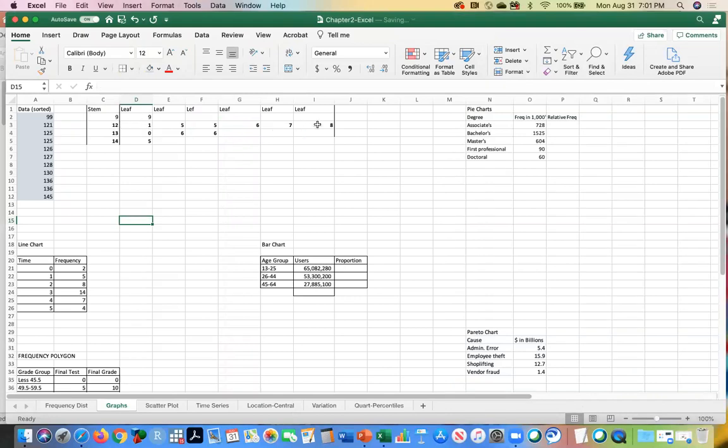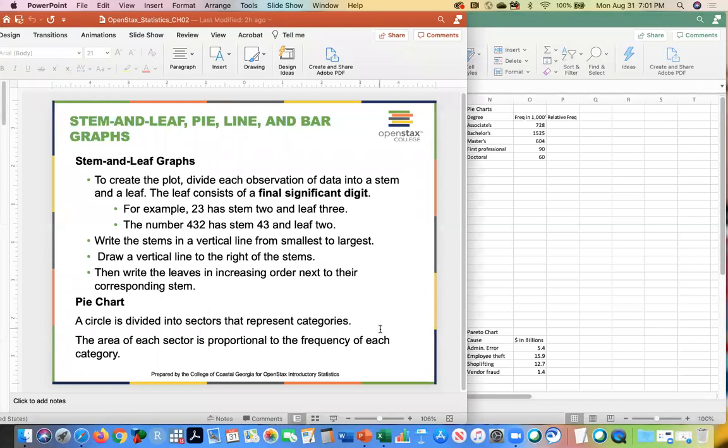So this is the highest bar. These two are the smallest bars. So that's all we can say regarding this kind of graph. So stem and leaf are important.